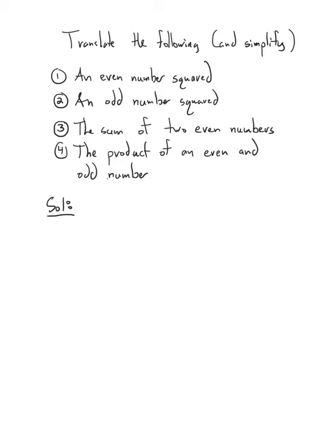So we need an even number, so let's call n our even number, and we want to write n squared. But if n is even, I can write n as 2 times k for some whole number k.